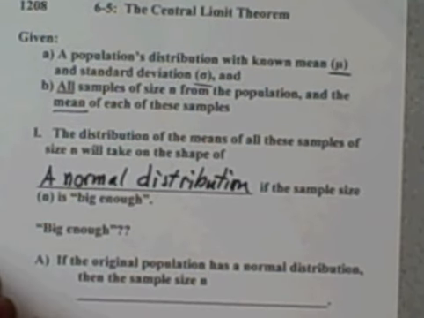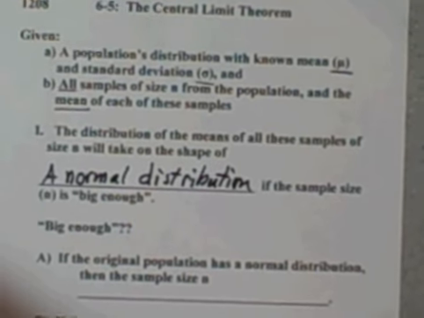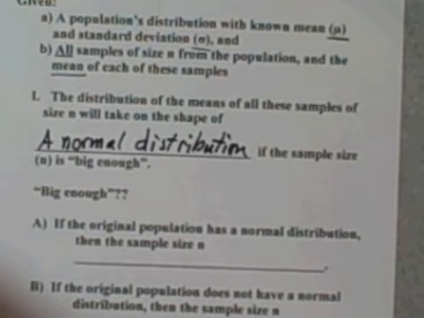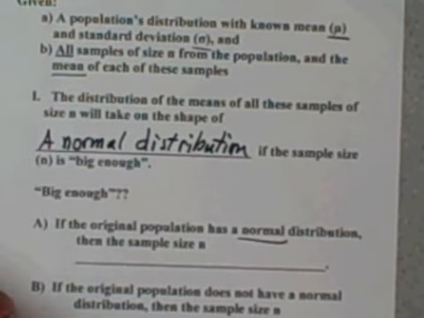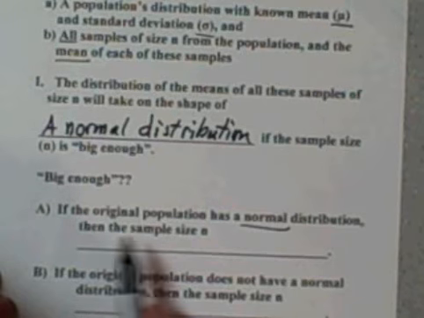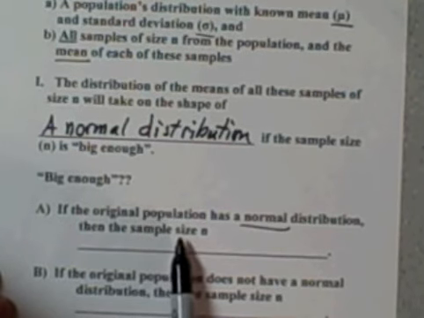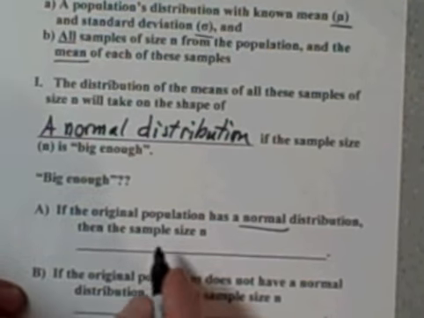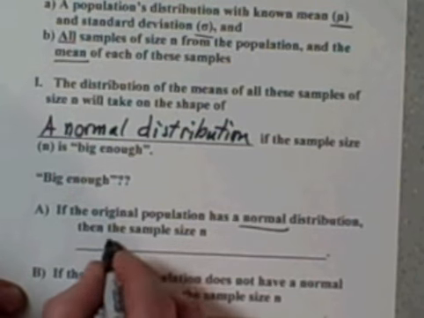Now, what do we mean by big enough? Well, there are two possibilities. If my original population has a normal distribution, then this may surprise you, but the sample size can be any size.